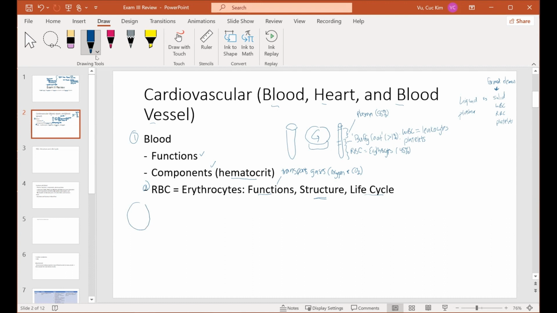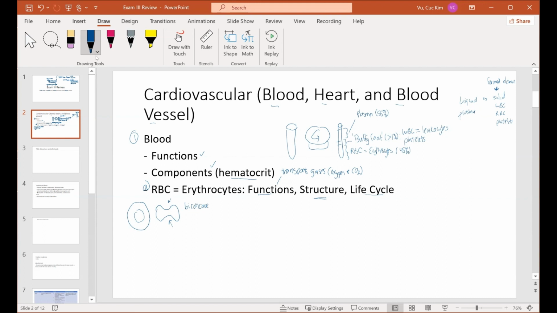So it looks like a donut because everything is about food for me. So it looks like a donut. Okay. And a side view of that, it looks like this. Because it dips in the top and the bottom, we use the term biconcave. Concave means it dips in, bi meaning there's two, the top and the bottom.